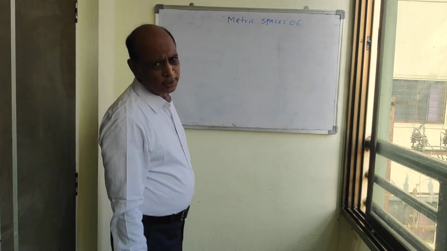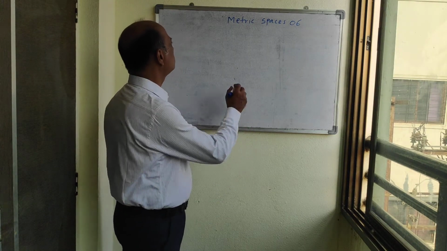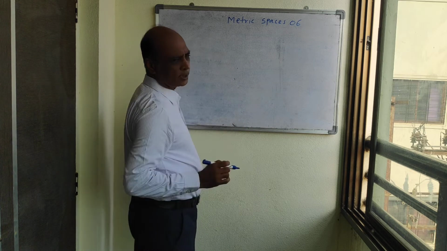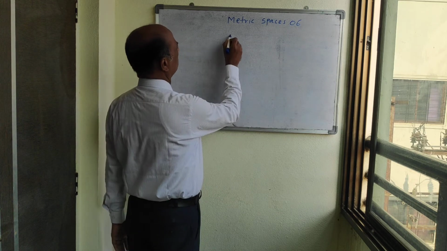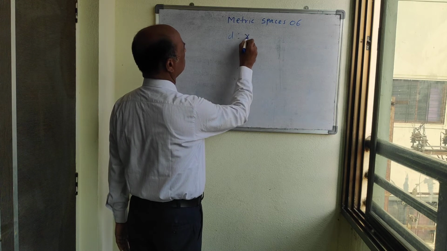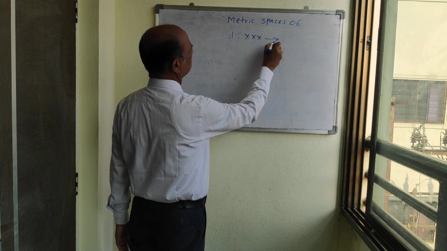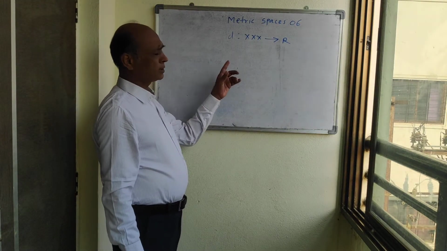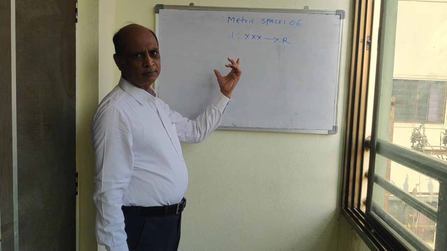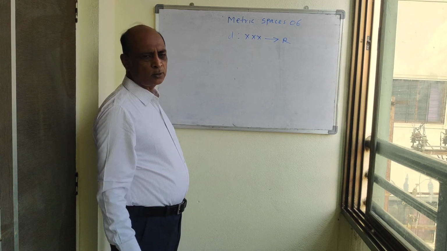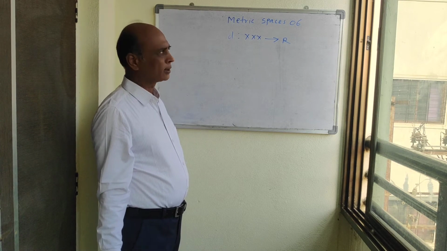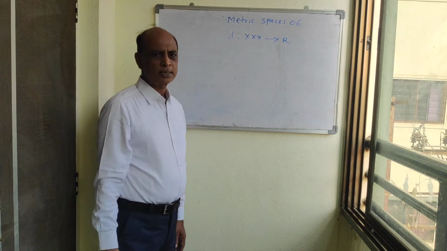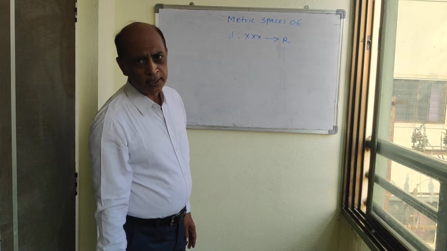So, all of you know that metric means what? Let X be a non-empty set, then D from X cross X to R is a metric on that set X. X cross X means Cartesian product, because for distance two elements are required. So D from X cross X to R is said to be the metric on set X if it satisfies four properties.